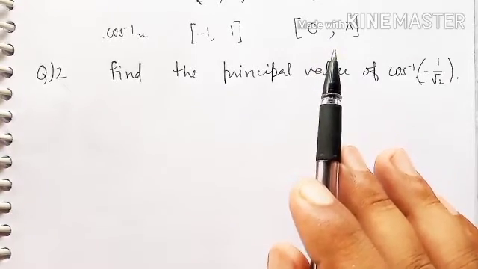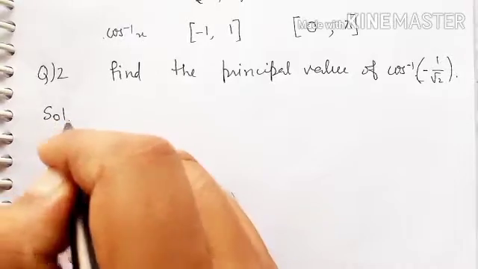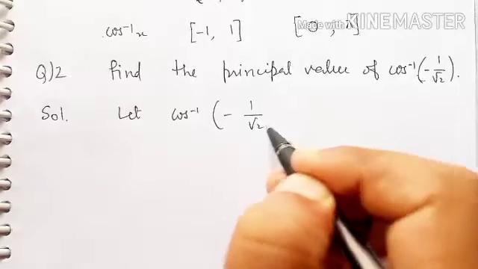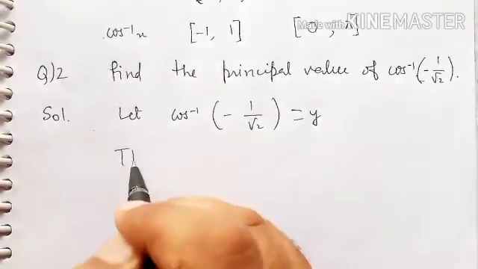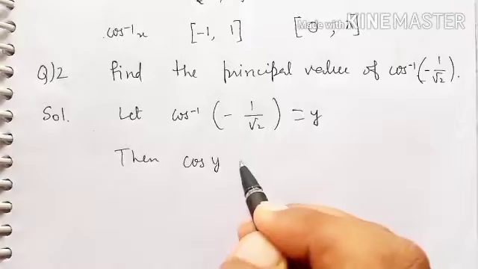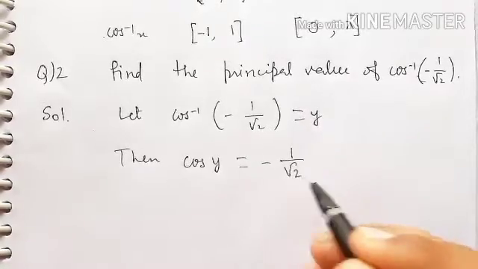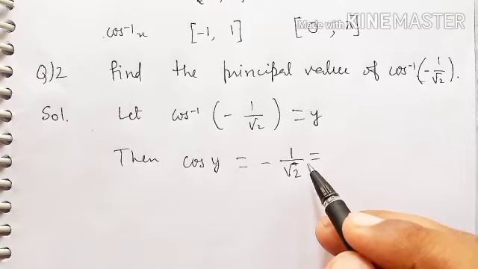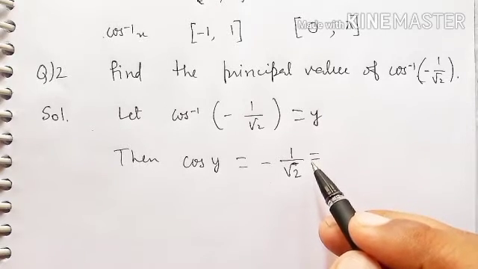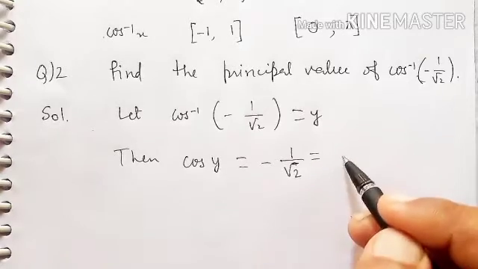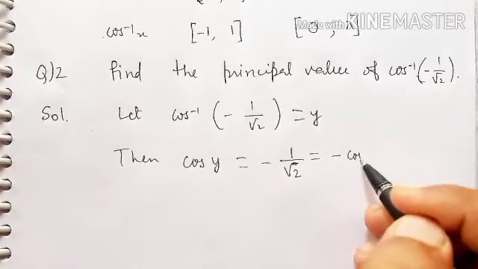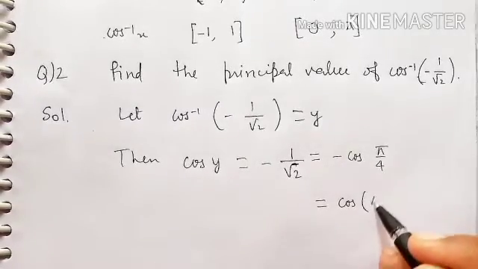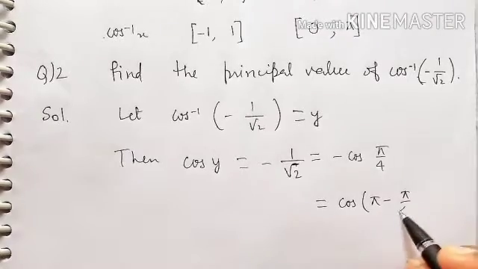So we can say, let y be cos inverse of minus 1 by root 2. Then we know that in the second quadrant cos becomes negative. So we take that this is minus cos pi by 4, and we may write it as cos of pi minus pi by 4.